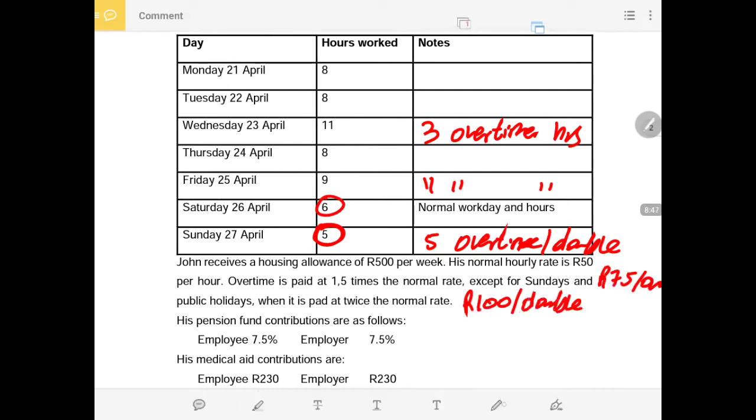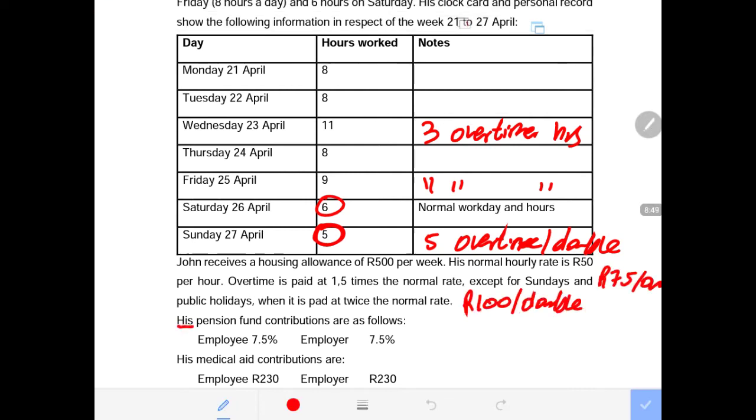Therefore, we are provided below that his pension fund contributions are as follows: 7.5 percent of the contribution is made by the employee, and another 7.5 percent is made by the employer.